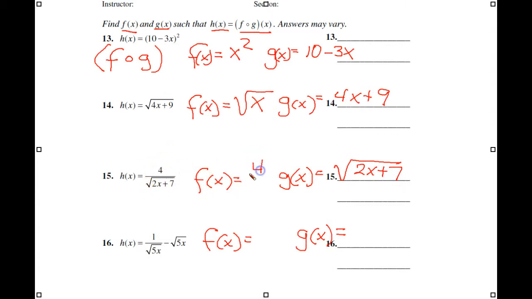Well, we're going to have 4 in our numerator, and then this will just be x. So if this is our x value, we will put the x value where this x is, and then we end up with the composition, this. And here's sort of a tricky one.